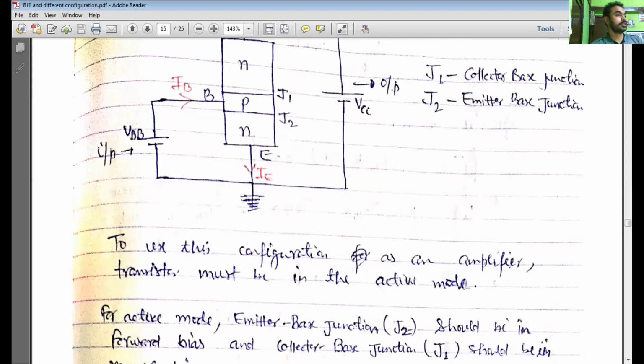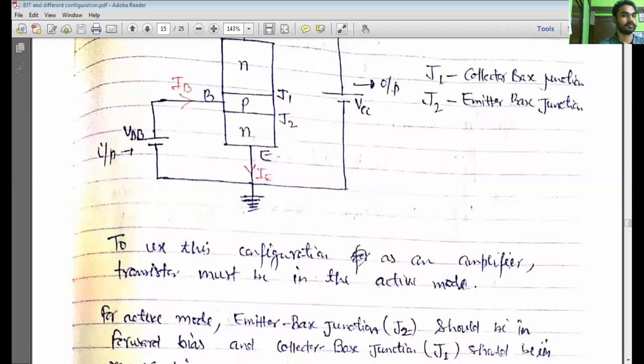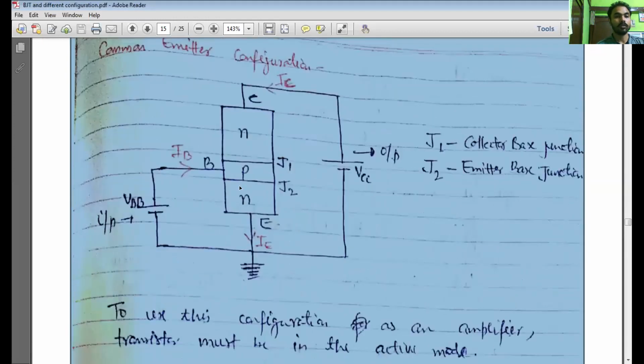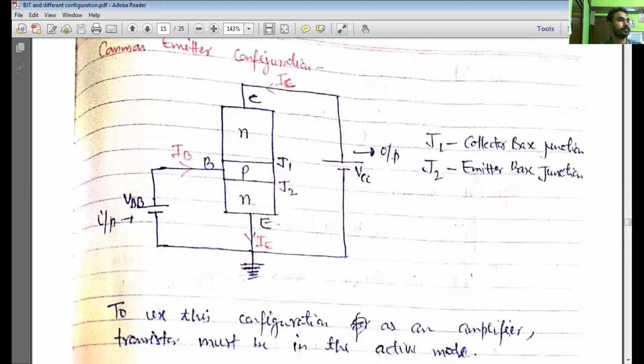Okay, so we'll start with these four topics. Now the common emitter configuration.